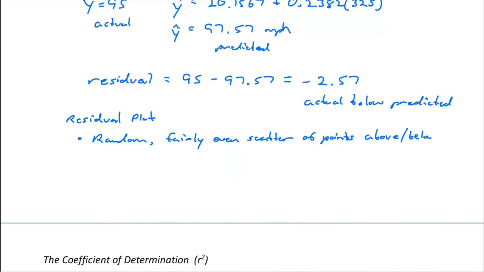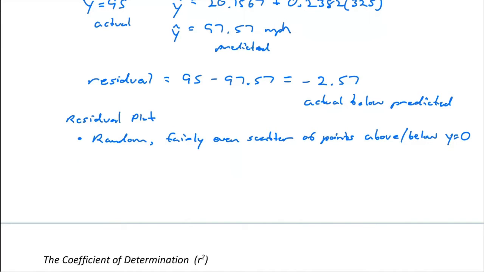I'll go back to the residual plot in a minute and show this again, but you want those points to look random and scattered above and below the line.